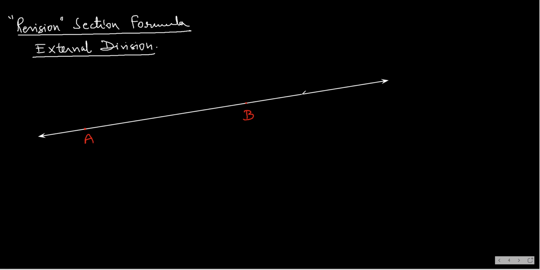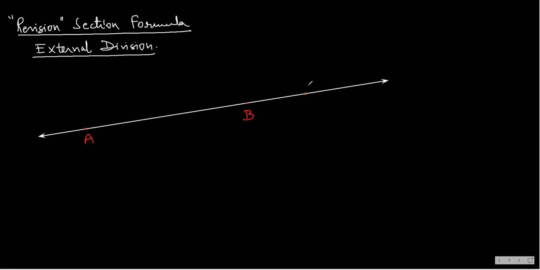Now what does that mean? It means that point C does lie on the same line, but it is not in between AB. It is outside AB. It is beyond AB.